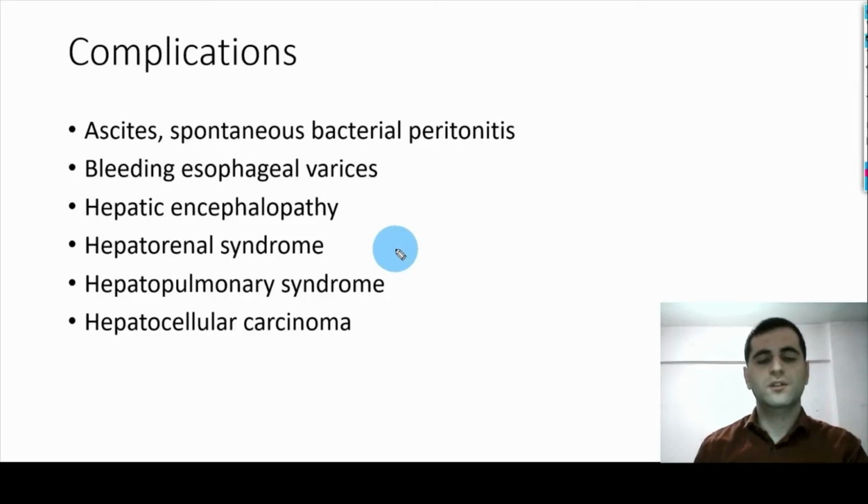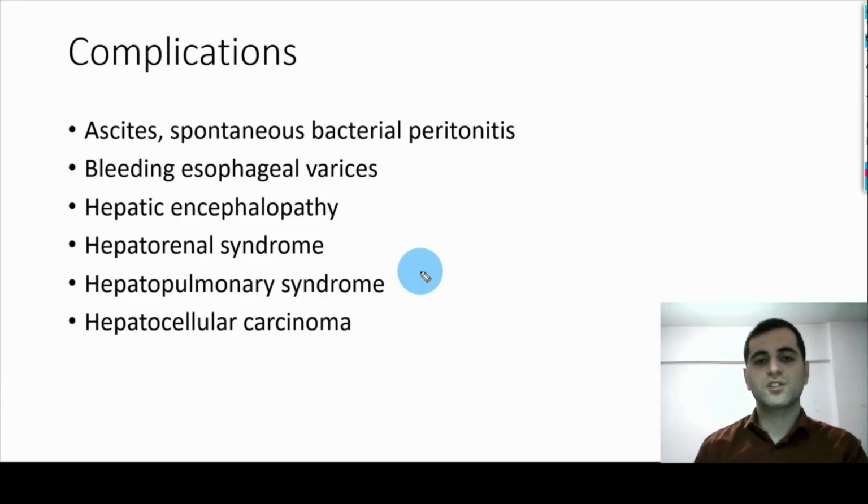Hepatorenal syndrome is the condition in which the patient gets acute prerenal failure, which is characterized by decreased glomerular filtration rate. However, the histological image of the kidney is entirely normal. In hepatopulmonary syndrome, a patient with cirrhosis gets intrapulmonary vascular dilatation, which then causes dyspnea.